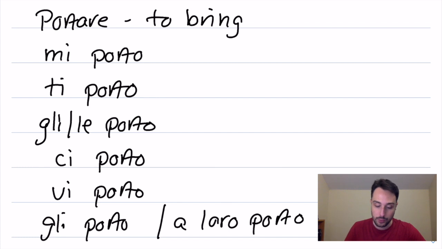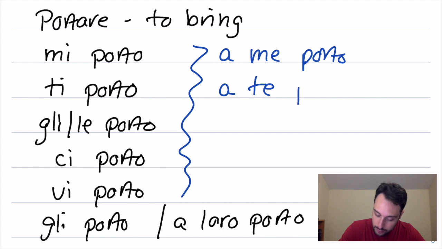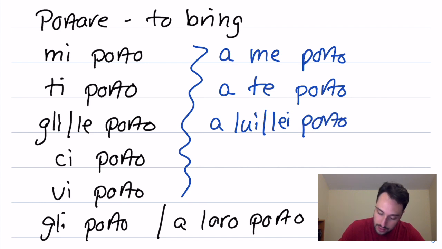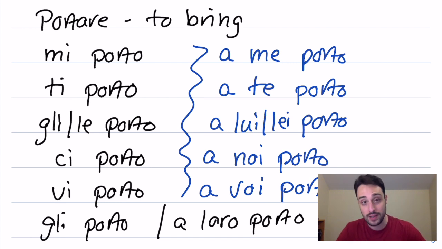You could just say a loro, because for any of the indirect object pronouns, instead, you could say a me porto, a te porto, a lui or lei porto, just got to throw an i at the end, a noi porto, a voi porto. This is an alternative. I wouldn't suggest always doing this, but if this helps you, go for it.